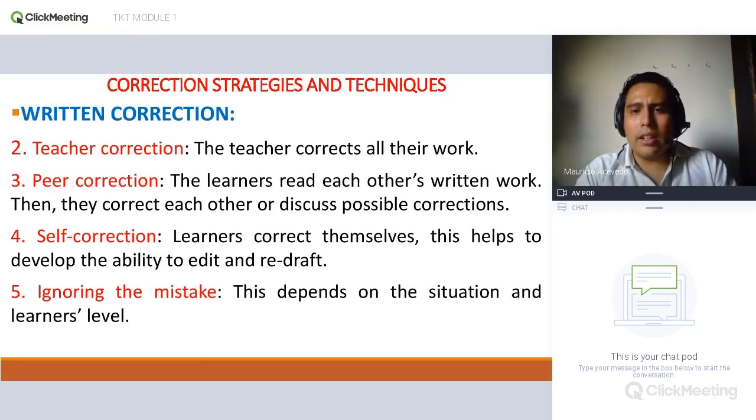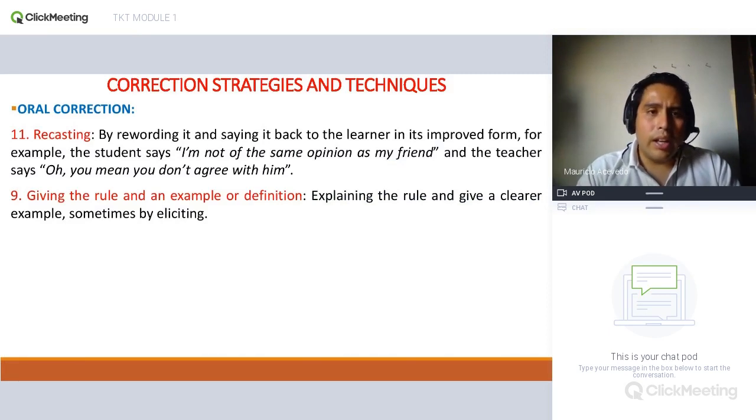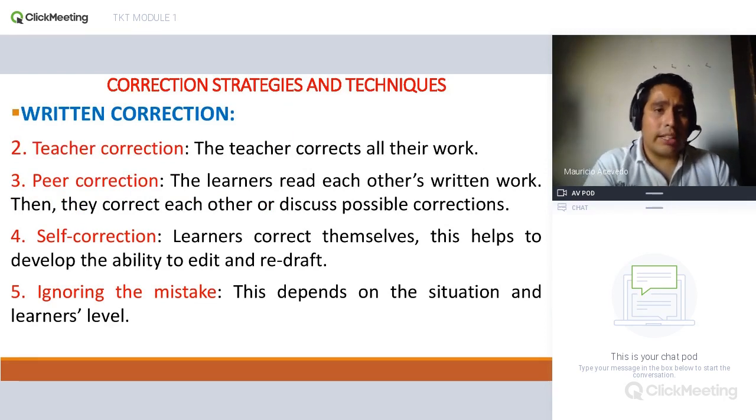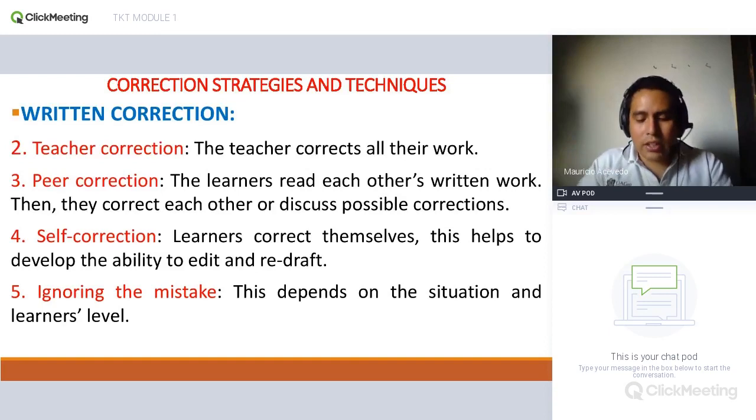There are other kinds of strategies. This is number one, I'll use the symbols, but there are other strategies such as teacher correction. So the teacher corrects all their work. They give you a piece of writing, you correct it, and you give it back. I don't really recommend this one, teachers, because you are not helping your student.